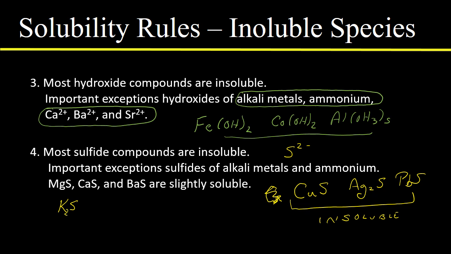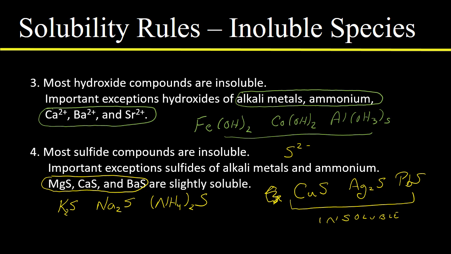so potassium sulfide and sodium sulfide, lithium sulfide, also ammonium sulfide, right? And these guys, magnesium sulfide, calcium sulfide, barium sulfide, are slightly soluble. I believe in the handout, in the study guide, these are listed as being soluble.